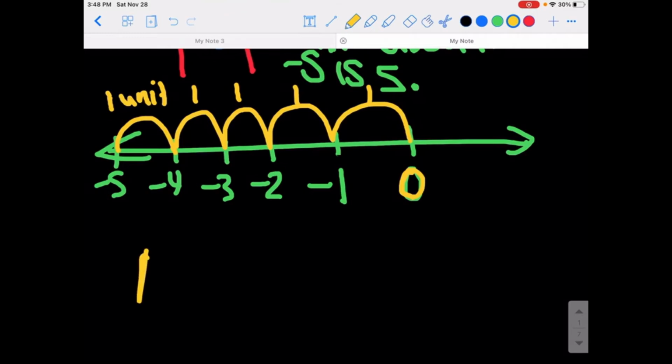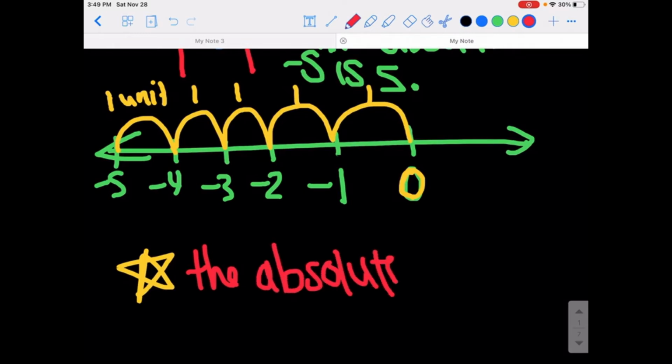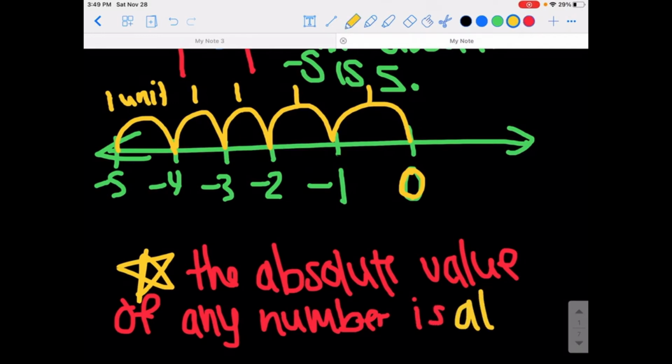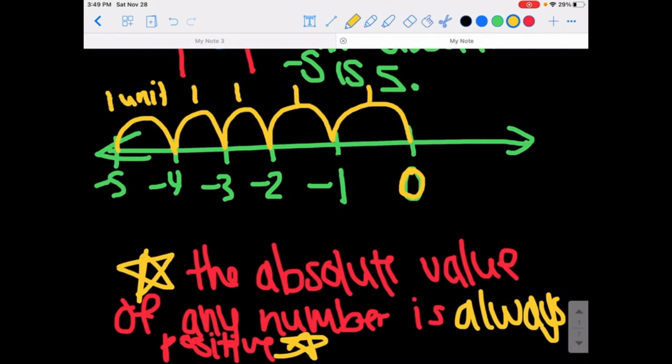A quick note that is very important: the absolute value of any number, no matter if it's negative or positive, is always positive, never negative.